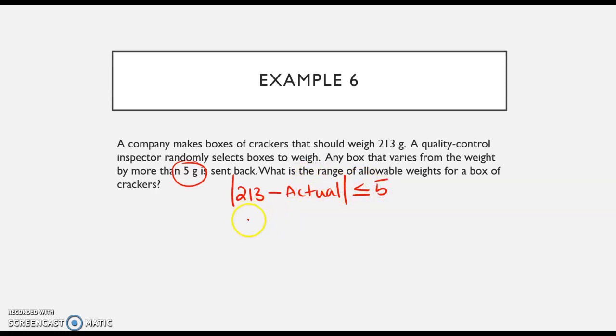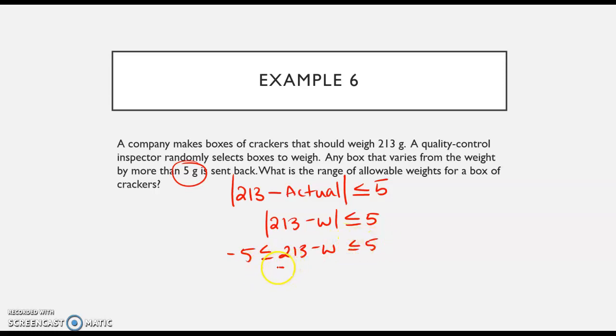We'll call the actual weight W. So the absolute value of 213 minus W has to be less than or equal to 5. Since this is less than, we're going to have negative 5 is less than or equal to 213 minus W, less than or equal to 5.